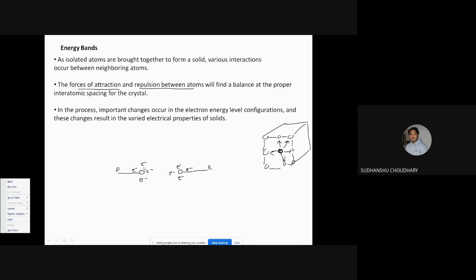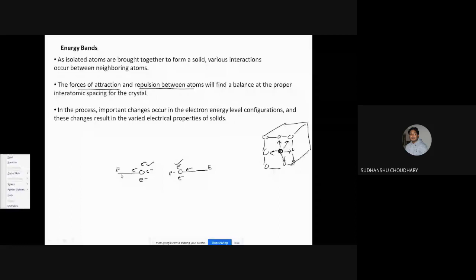Electrons have a wave function, that is wave-particle duality. So a wave function is associated with the electron, and particle nature is obviously there. As I said, this interaction is not limited only between these atoms, but also between the wave functions of the electrons of these atoms.